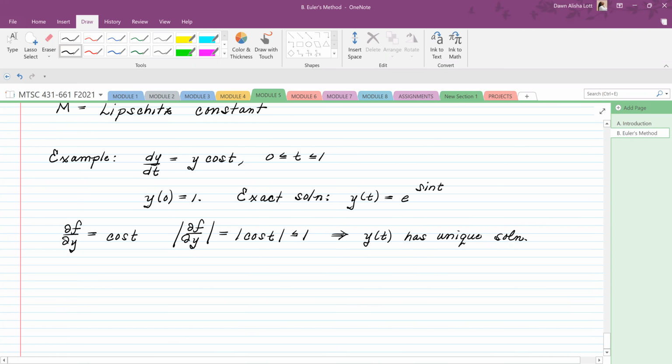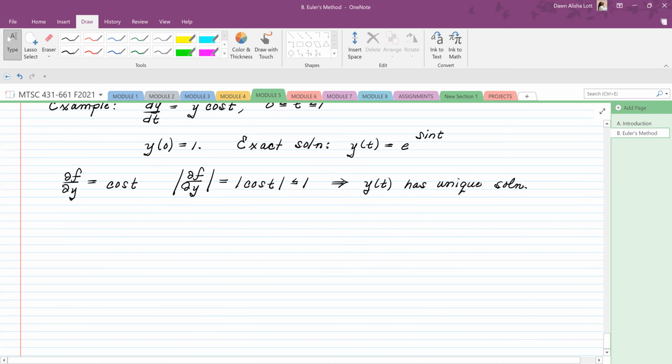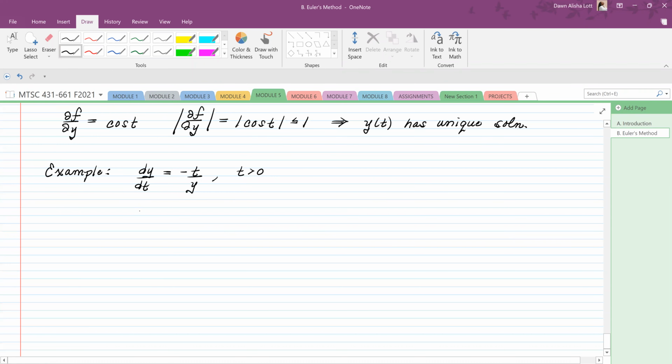Okay. Let's go back to the other one. Example 2. I now have dy/dt is negative t over y, and we said this was for t greater than 0. And we gave y at 0 equaled 1.